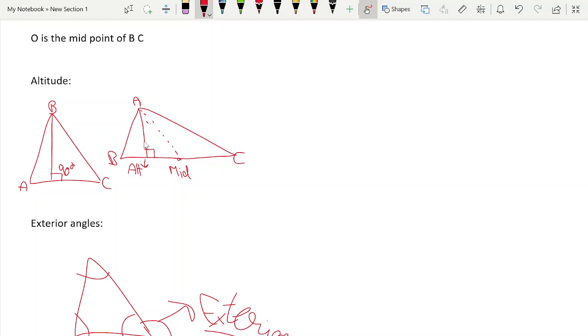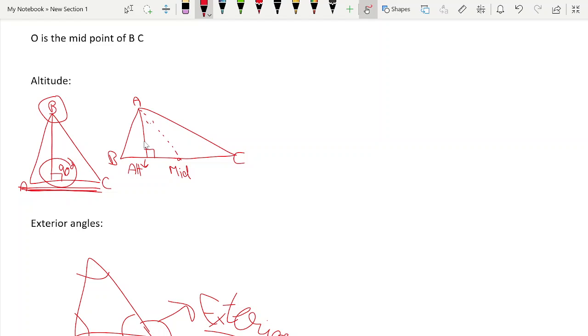Now let's learn about the altitude. Altitude is when you draw a line from this vertex straight, perpendicular to this bottom line. That's an altitude of the triangle.